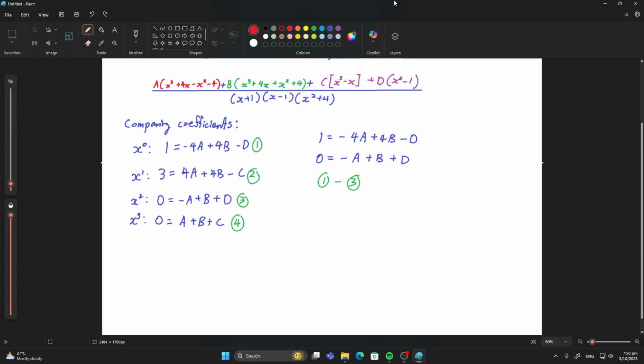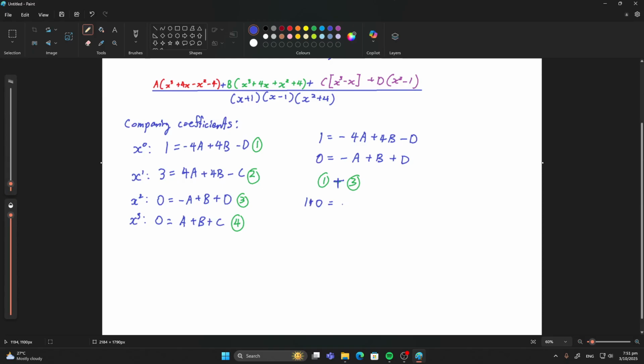Alright, so in this case it is 1 minus 0 equals to, sorry, I'm adding them together. Because minus minus equals positive. In this case, I have to add them together. So life is a lot easier.